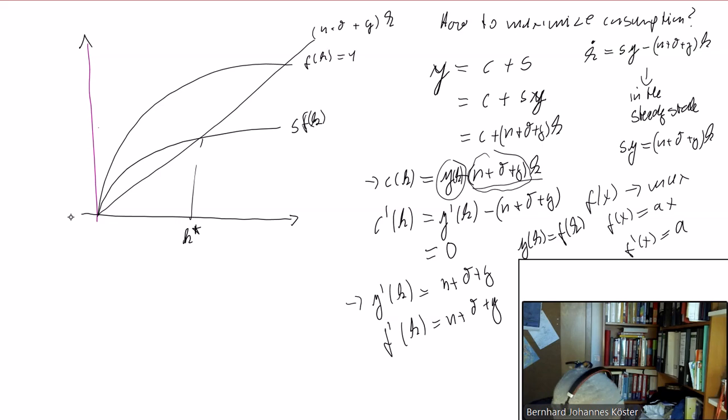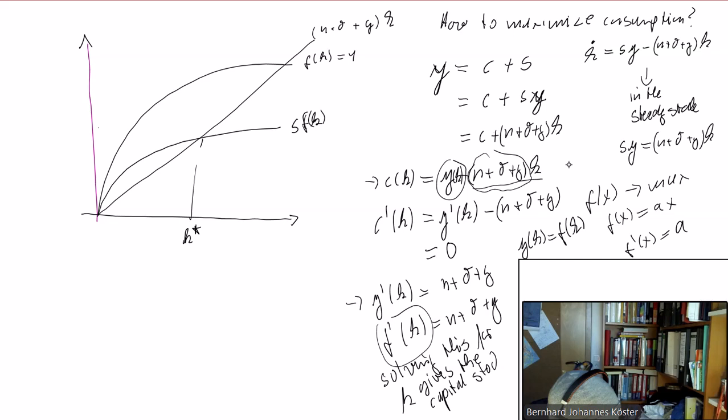And if we know our production function, then solving this for k gives the capital stock for maximum consumption.